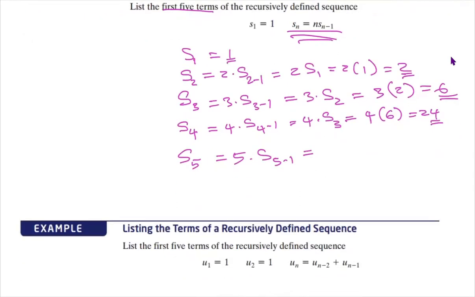So that's 5 times the value of S4, which we just calculated, that is 24. So that equals 5 times 24, 120. So we have the 5 first terms of the recursively defined sequence.